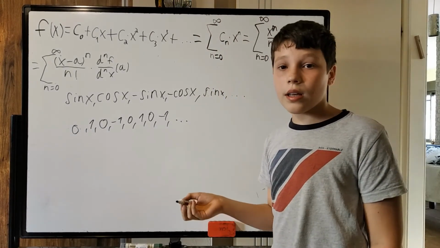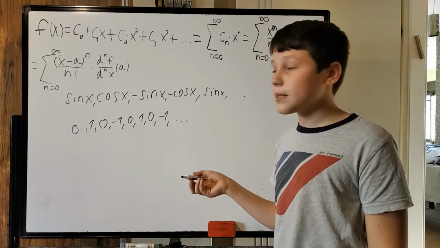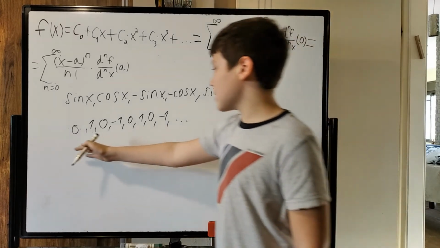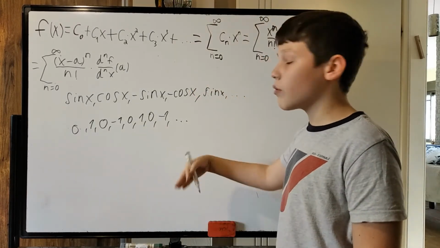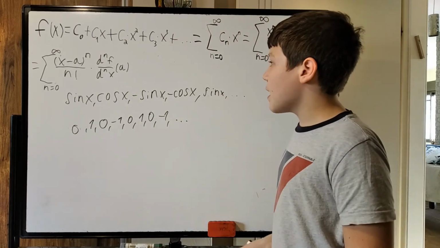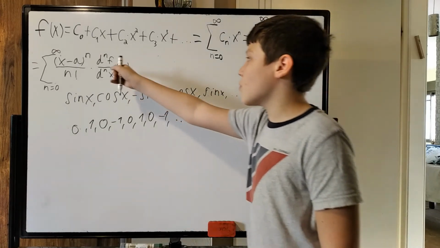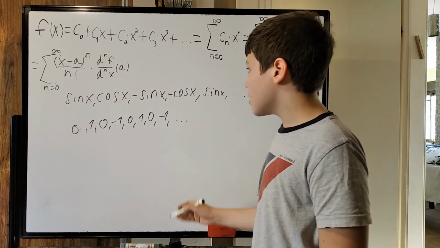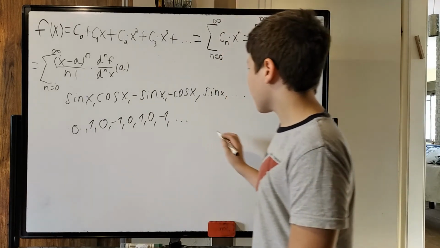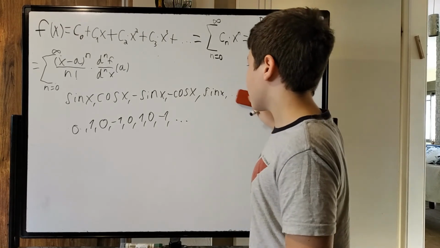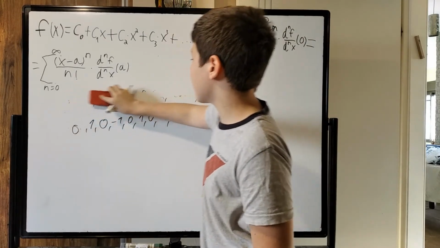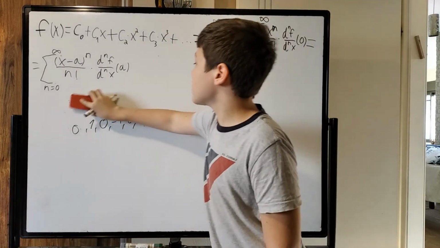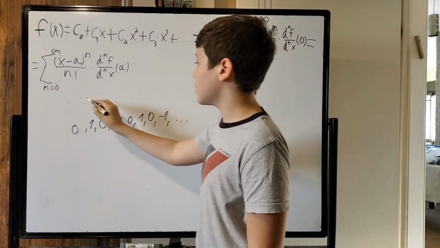And that's what's really nice about this. It repeats itself. And that's what's the best for the Taylor series. And, well, let's plug it into the formula. So I'll erase this. And, well, let's see.